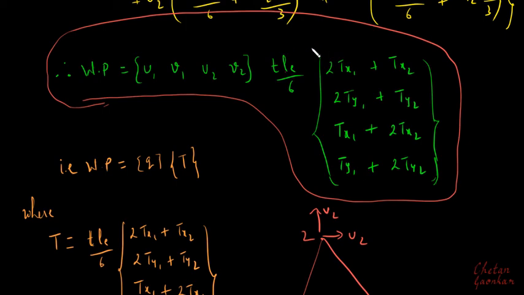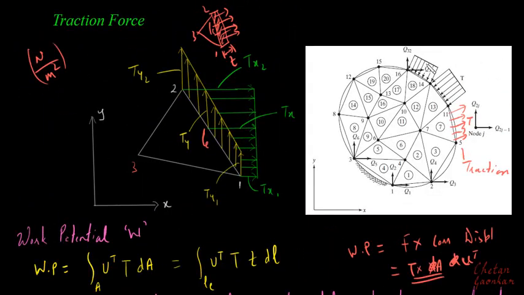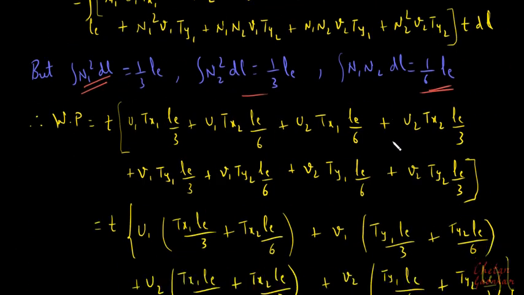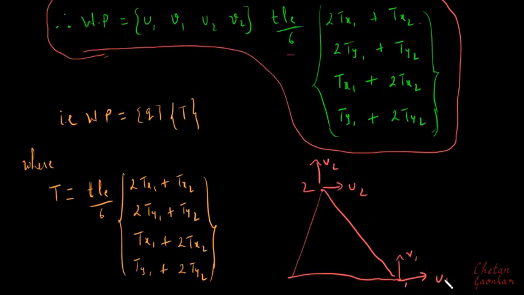So what it tells us is, if an element, or a two-dimensional body, is subjected to random tractions, the way I will have to distribute this traction on each node is, I will have to take 2 times tx1, then add tx2, multiply it by t le by 6, and this will be the component at node 1 in x direction.